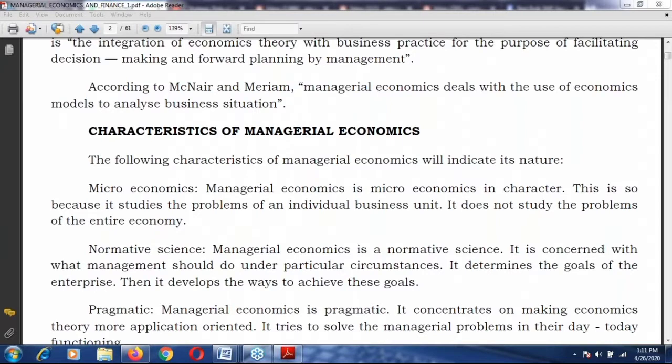Now, what are the roles of managerial economics?